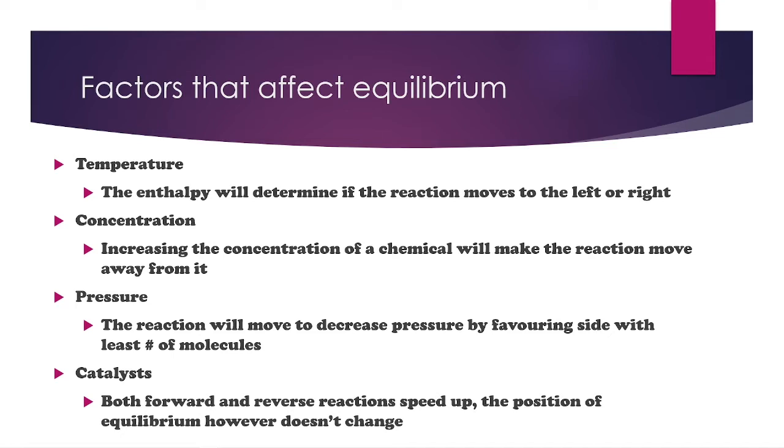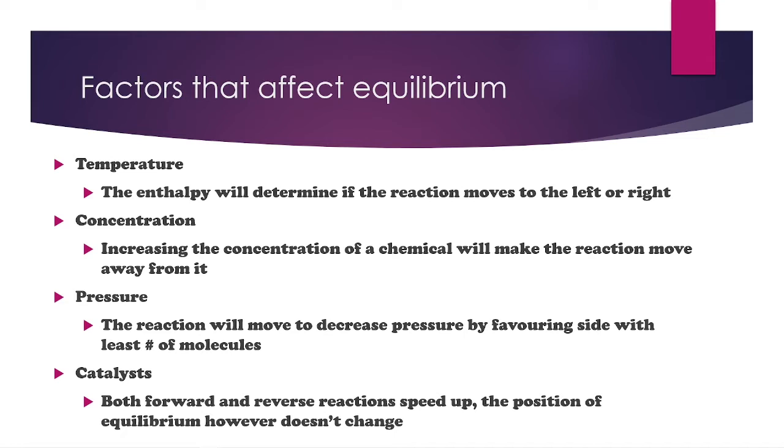There are a number of factors that will affect equilibrium. These are the ones that have been specifically stated on the syllabus: temperature, concentration, pressure, and catalysts. You should have a really good understanding of the first three. Now, catalysts, individual catalysts for individual reactions are going to be different.